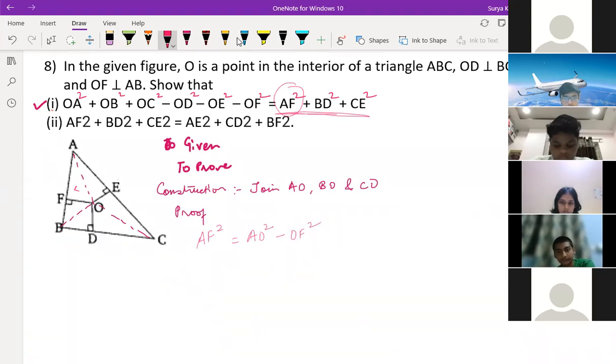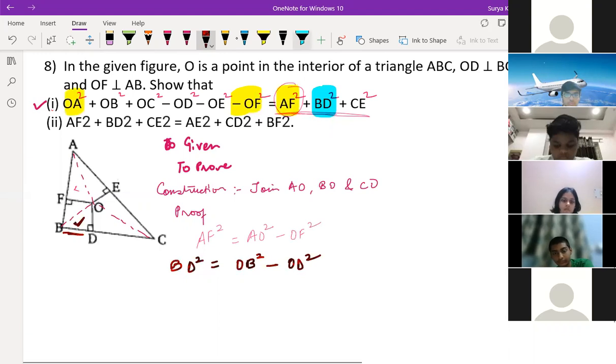Then OA and OF get covered. Similarly, we find BD. Taking this triangle, BD square is equal to OB square minus OD square. So OB square and OD square got finished.